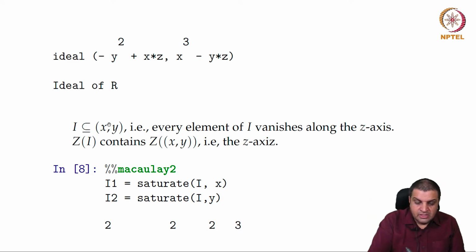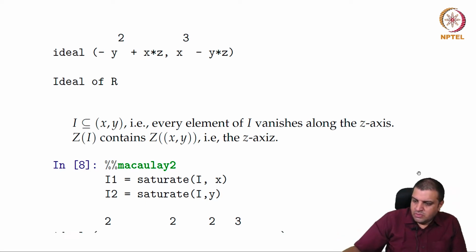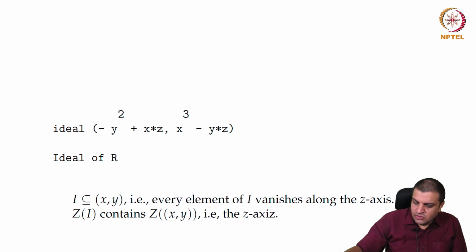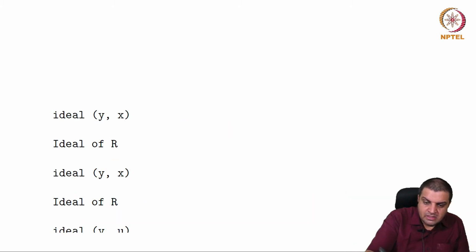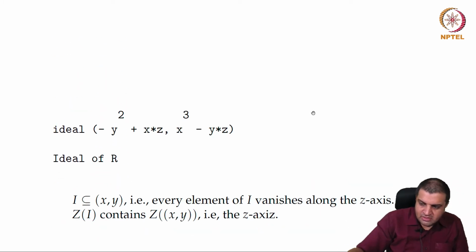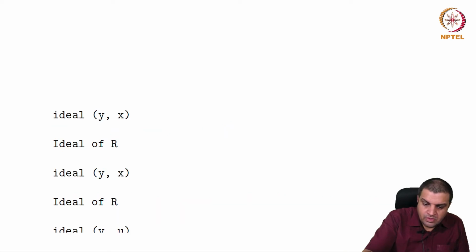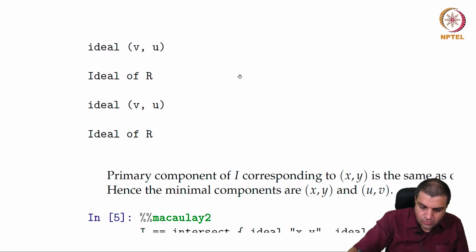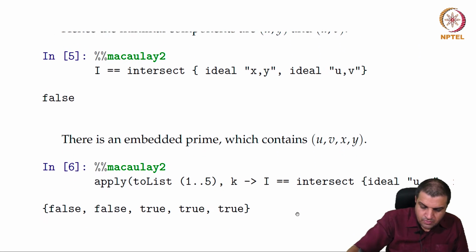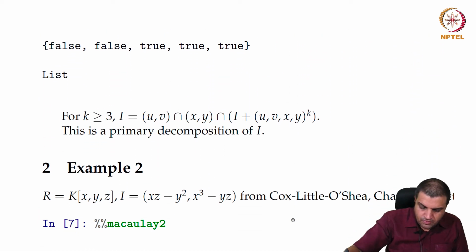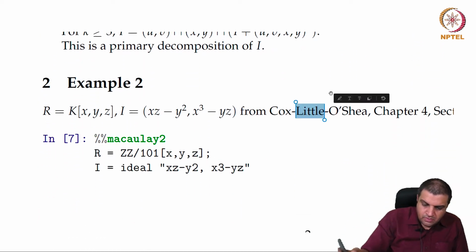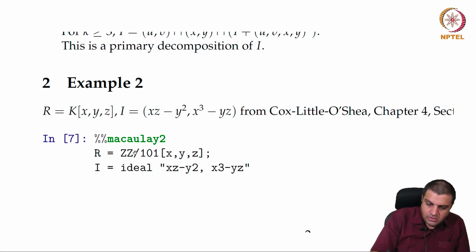In other words, Z(I). When we say Z(I), it's not over this field, but over the algebraic closure of the field where it was defined. It was defined over some field, but when we talk about Z(I), we mean the algebraic closure of that.